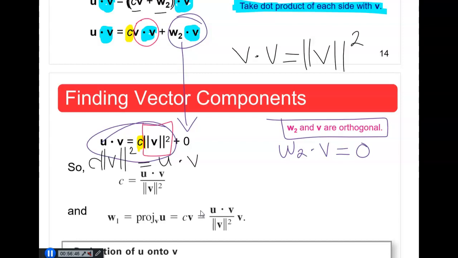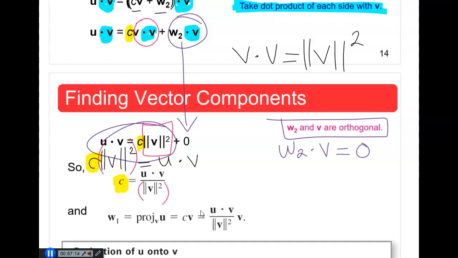And from here, what we're going to do is solve for the constant C. On the next step, you can see what's going to happen. The magnitude of V squared is multiplying the constant C, so it makes sense that if we take that across the equal sign, it's going to be dividing.